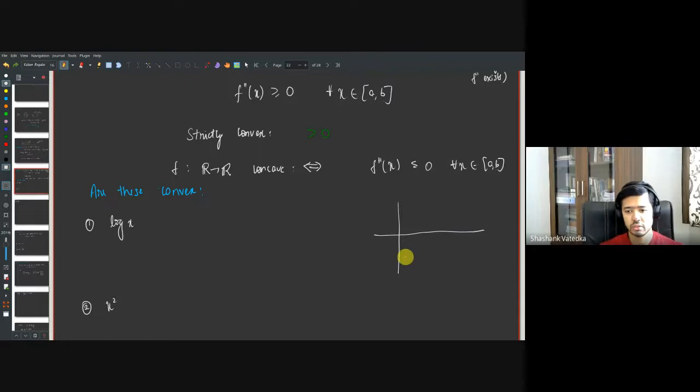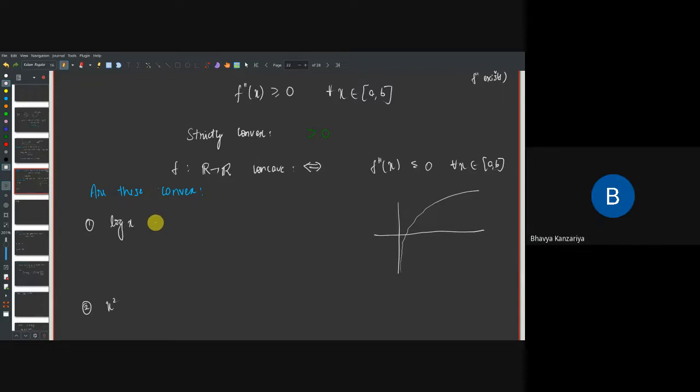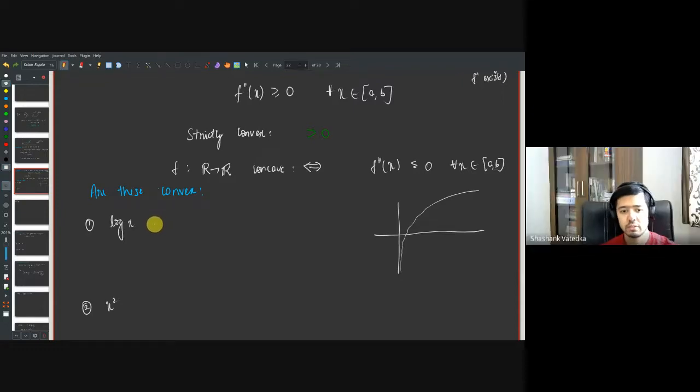If you just draw a picture, log x looks somewhat like this, right? So is it convex or concave? Concave. It's concave, right? So we should expect this to be concave, but let us see if that's indeed the case.